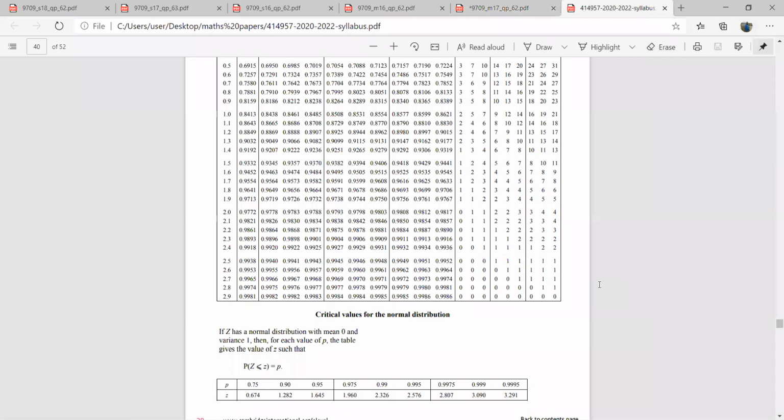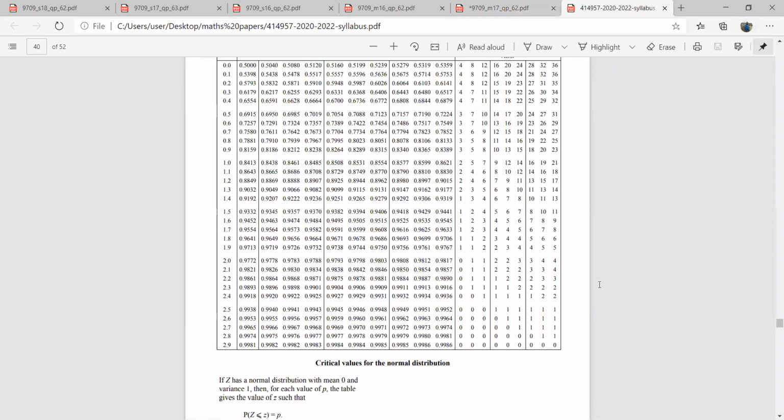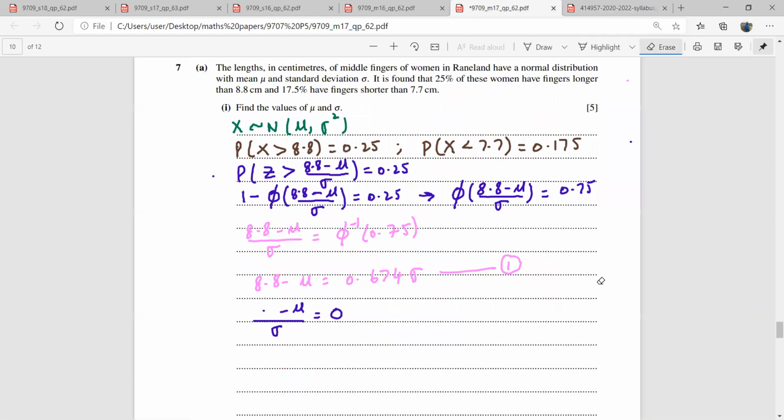Look at this, this is 0.75. Look at the bottom of this table, and you have the Z value, which is 0.674. You can quickly take this value from here. Can you see this? Do you get a different value from the table? Yes, here it is, 0.75, so this is 0.674. It's the same.